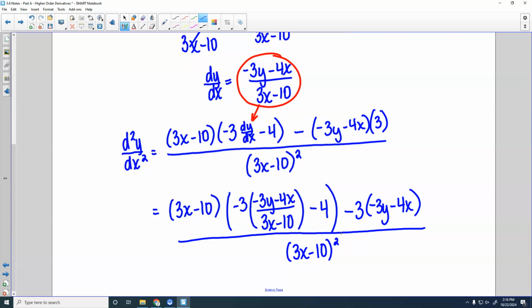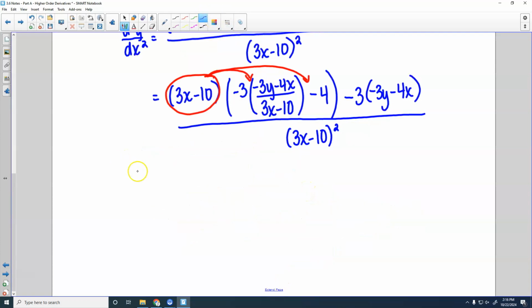Okay, here's why I decided to change my mind on that. I need to distribute this 3x and the 10 over here. So I could do the FOIL method. Or you can think of it this way, where you're taking this whole thing and you're multiplying it here and here. So if you do that, I'm going to write out every step.